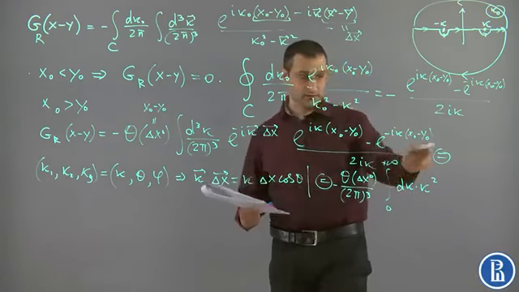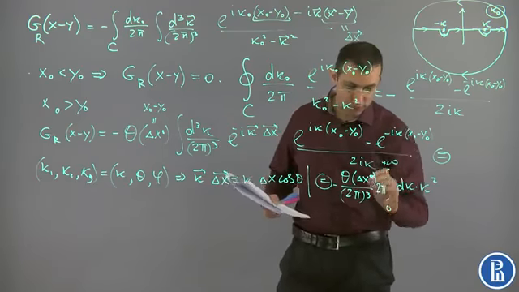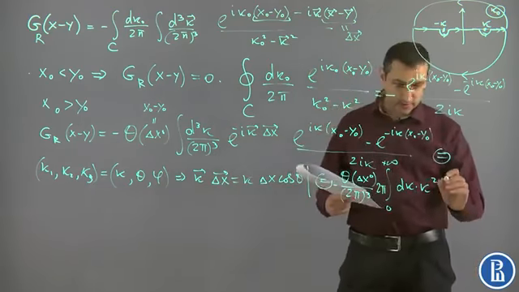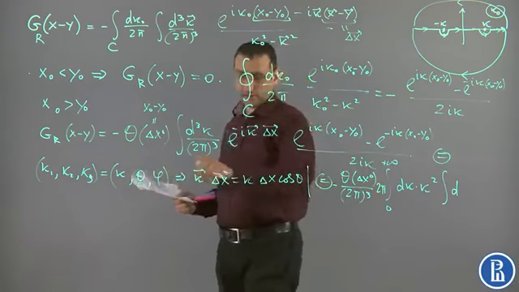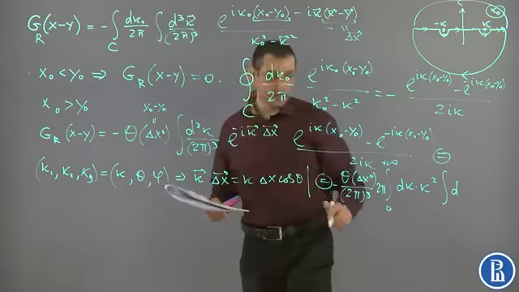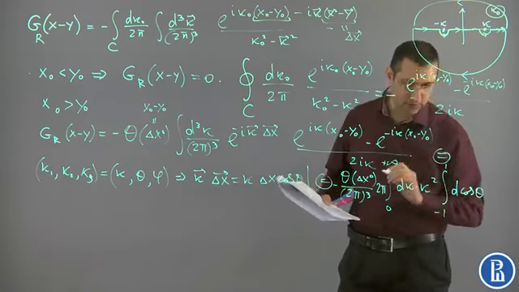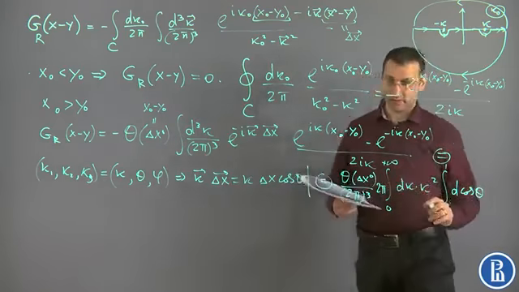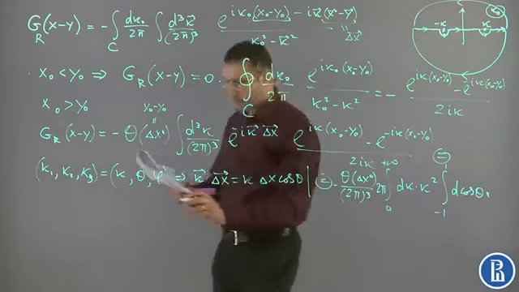Nothing depends on phi, so the integral over d phi gives us 2 pi. What remains is the integral over d theta: we have sine theta times d theta, so this is d cosine theta from minus 1 to 1, times the integrand.